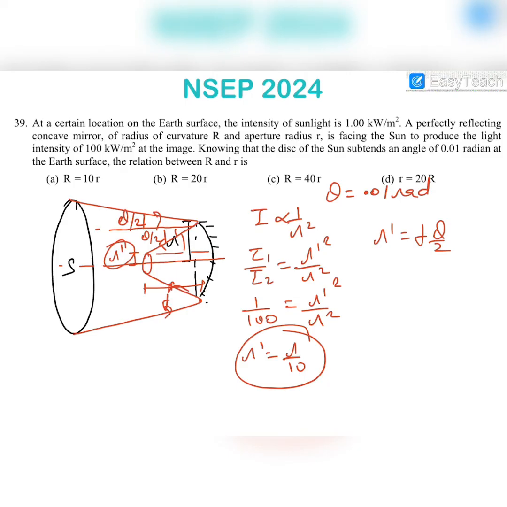So r dash is the radius of this image. So r dash will be equal to f, which is R by 2, and theta by 2 is 1 by 2 into 0.01.